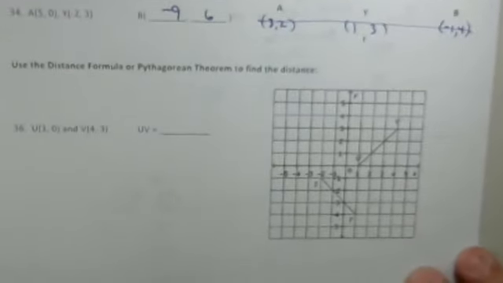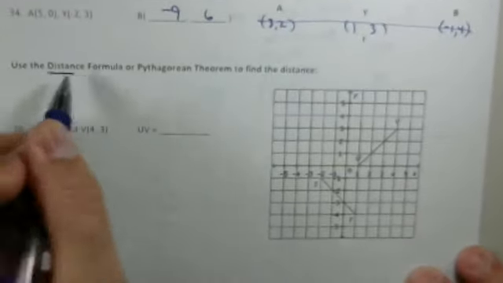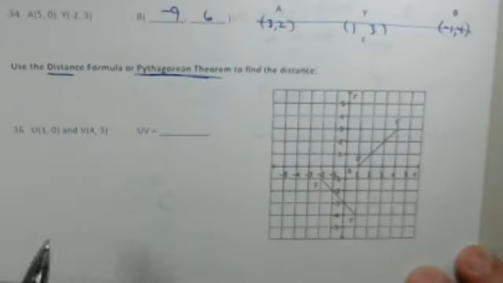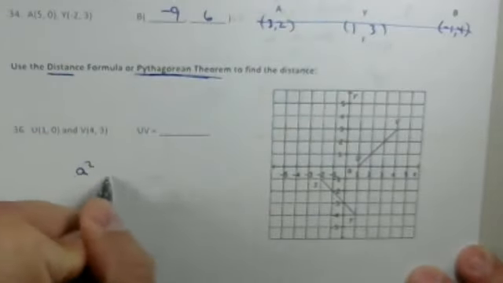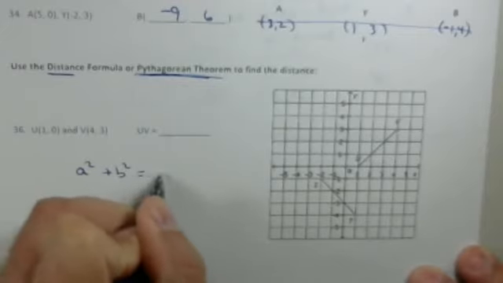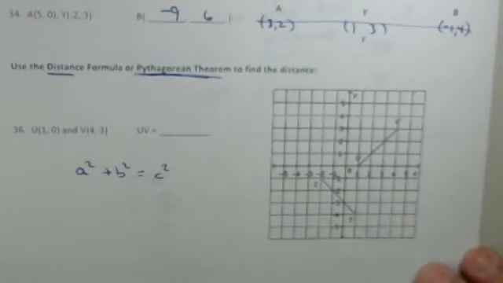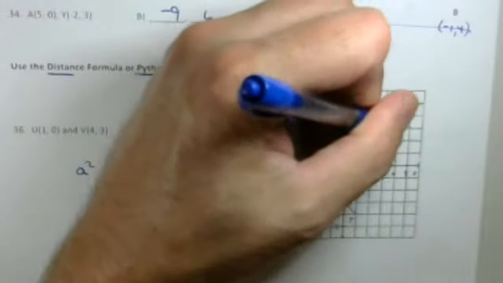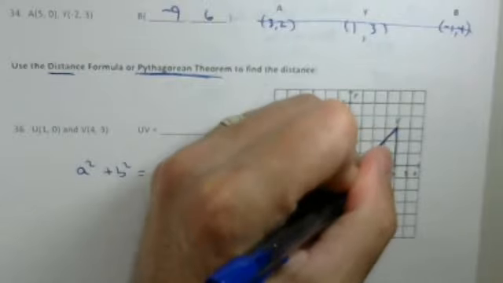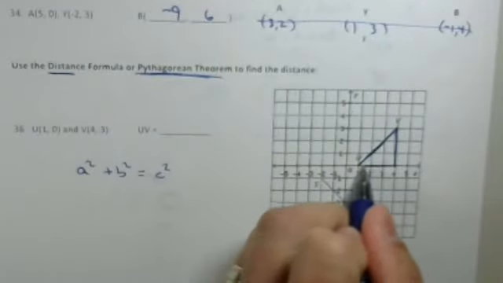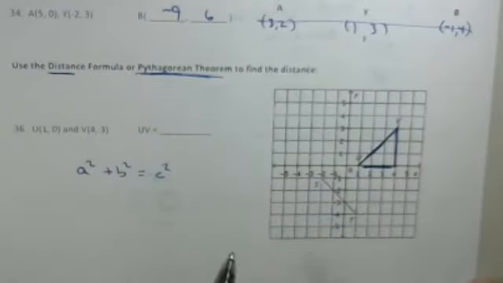And then finally, we have the distance using Pythagorean theorem. Remember that that's a squared plus b squared equals c squared. Remember that c always has to be the hypotenuse. Now we're looking for UV. So to do that, we come straight down and straight across to make our triangle.